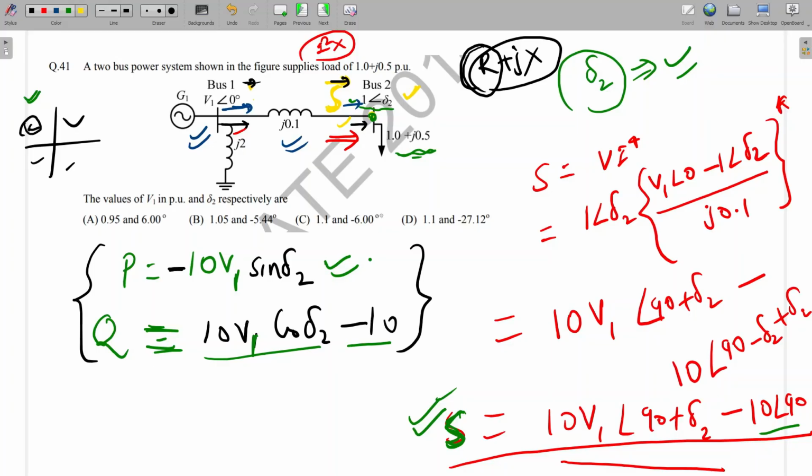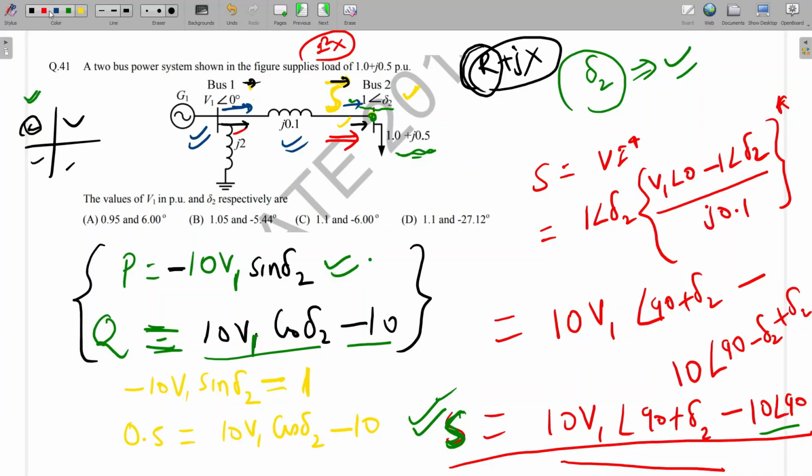So what is the P value given? P value is 1. So we can say that minus 10 V1 sin delta 2 is equal to 1. And Q will be 0.5. So 0.5 equals 10 V1 cos delta 2 minus 10.